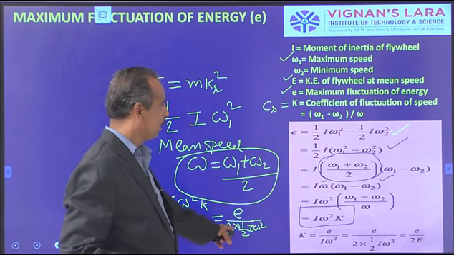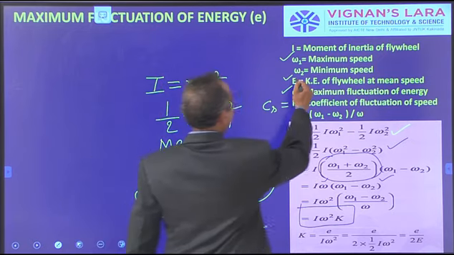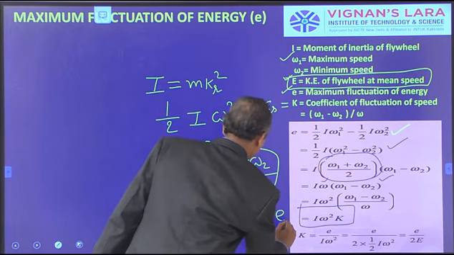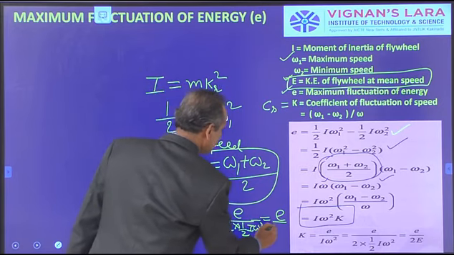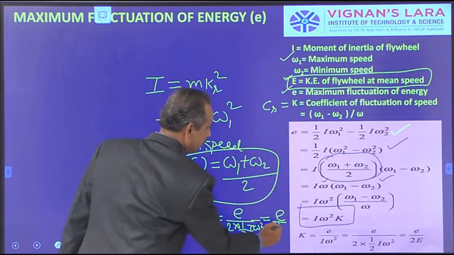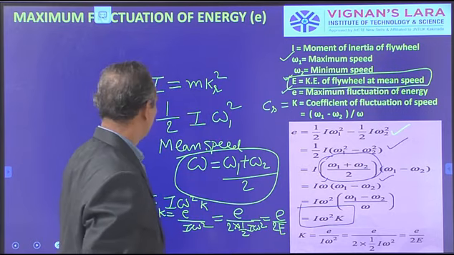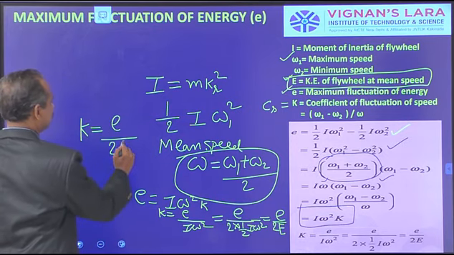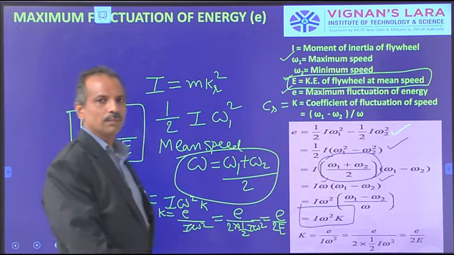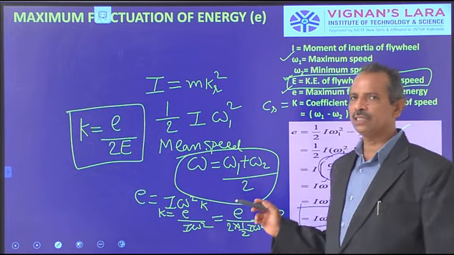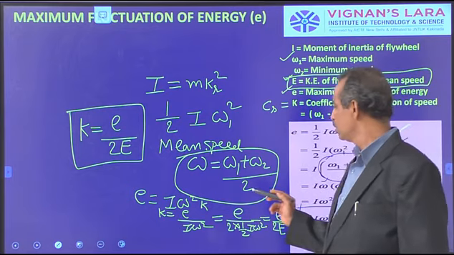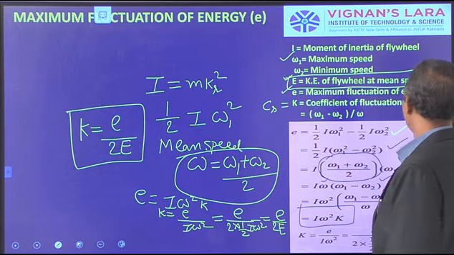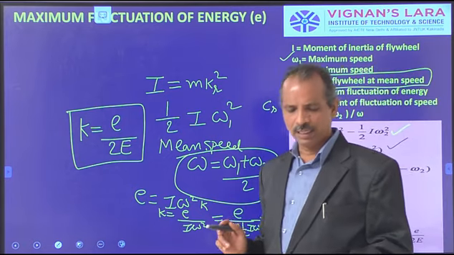Omega is the mean speed, so half I omega square is the kinetic energy of the flywheel at mean speed, which is E. So we can also write k is equal to e by 2E, which gives the relation between the coefficient of fluctuation of speed, the maximum fluctuation of energy, and the kinetic energy of the flywheel at mean speed.